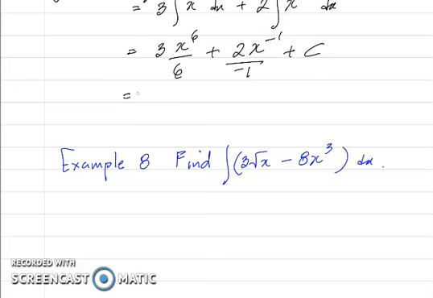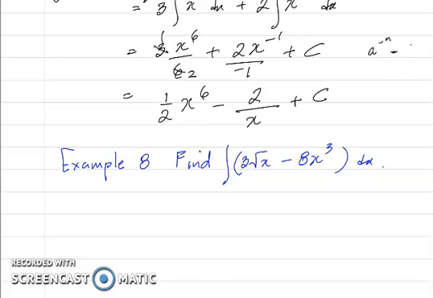This becomes 1/2 x to the 6th minus 2 over x plus c. A positive divided by a negative is a negative, and applying our law of indices, which says a to the minus n is equal to 1 over a to the n, x to the minus 1 is the same as 1 over x.